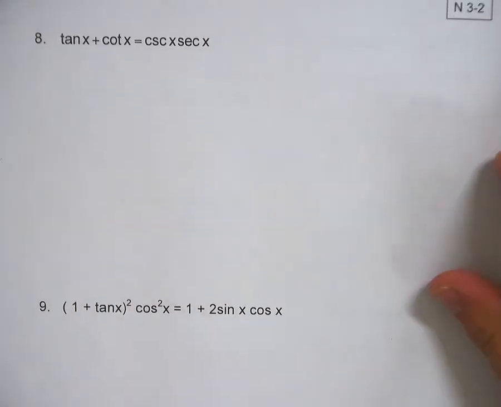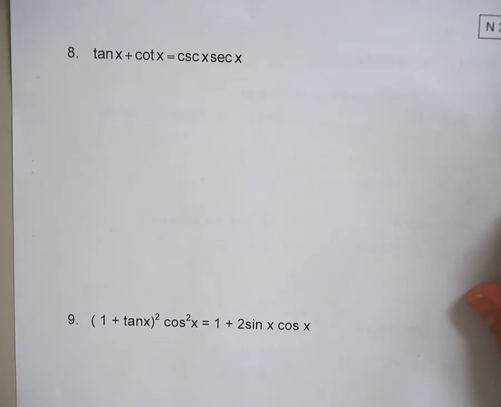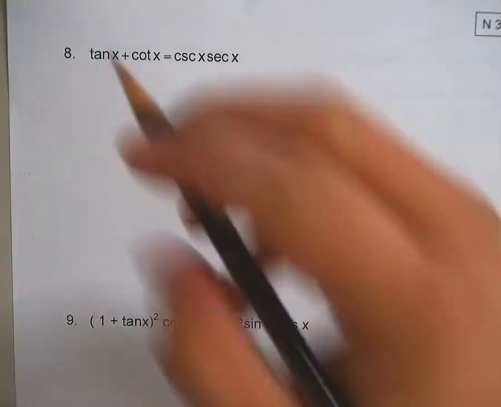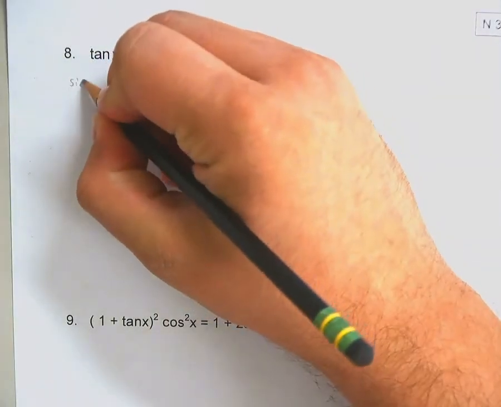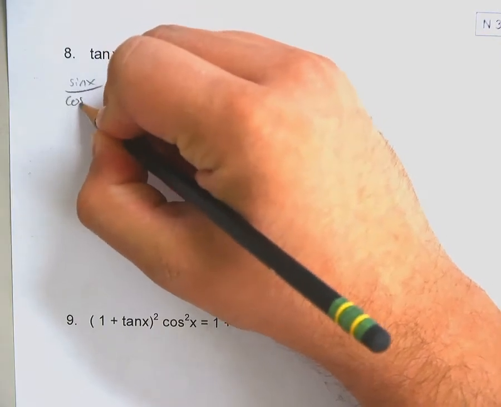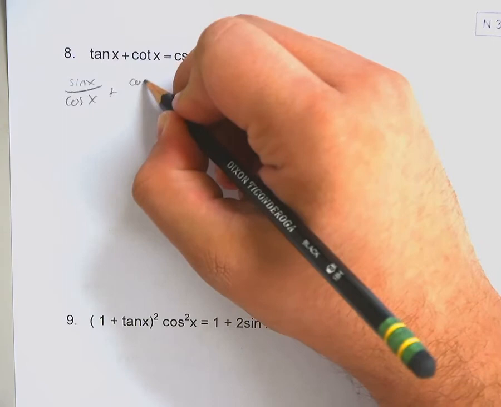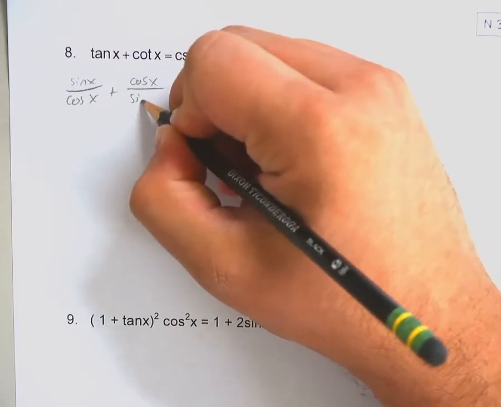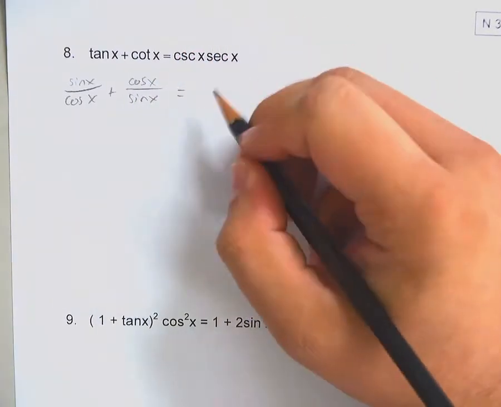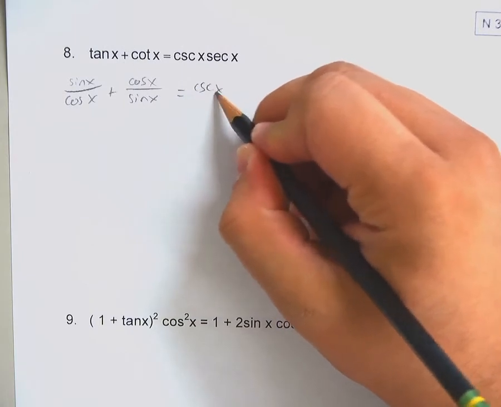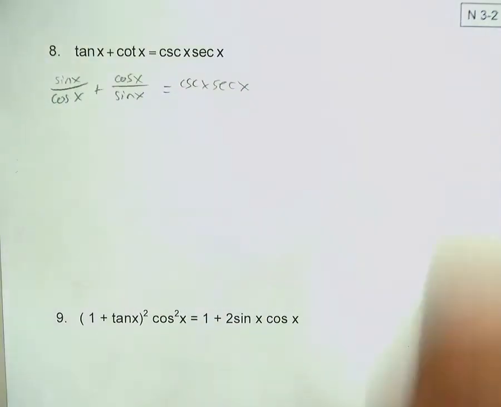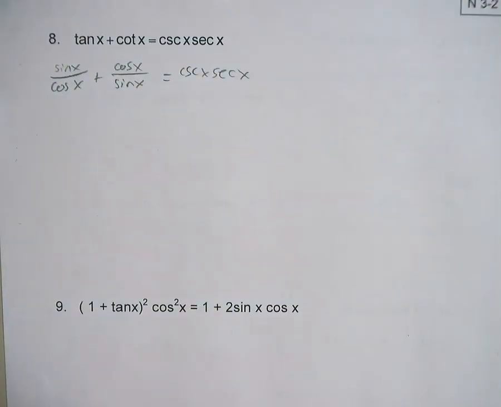Okay. For starters, we've got tangent x, which I know is sine x over cosine x, plus cotangent, which is cosine x over sine x, equals csc x sec x. Ding, ding, ding, and sine x over cosine x plus cosine x over sine x.